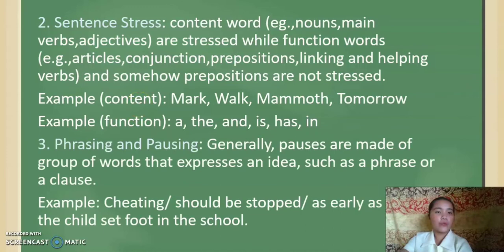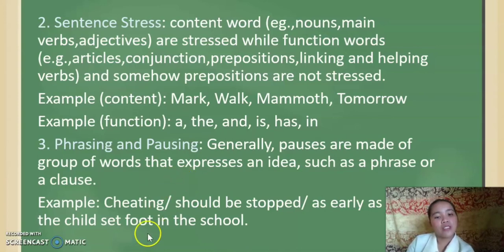Now, the third one is phrasing and pausing. Generally, pauses are made of groups of words that express an idea, such as a phrase or a clause. So the example here, cheating should be stopped as early as the child sets foot in the school. So here you can see cheating.